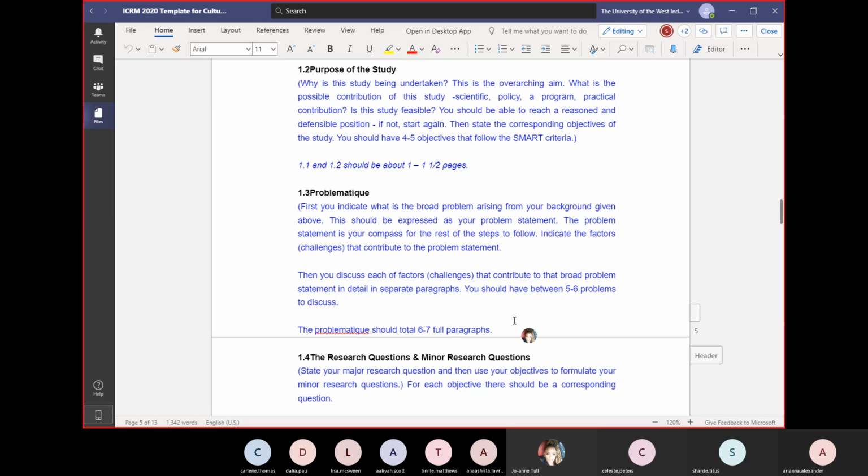Okay. So what now is the difference with the template? Let's see what the template tells us we have to do. So we're back onto the screen now. First, you indicate what is the broad problem arising from your background given above. So that is coming from where? What are they talking about there?